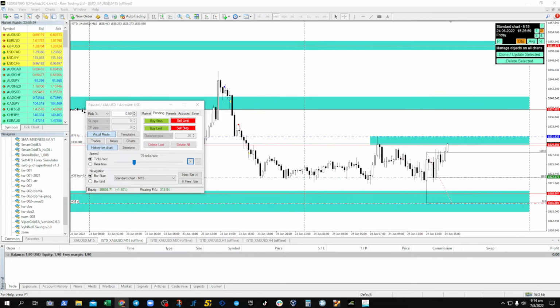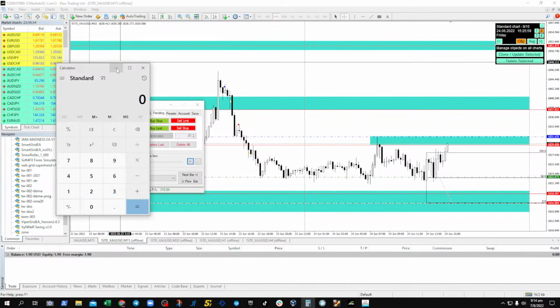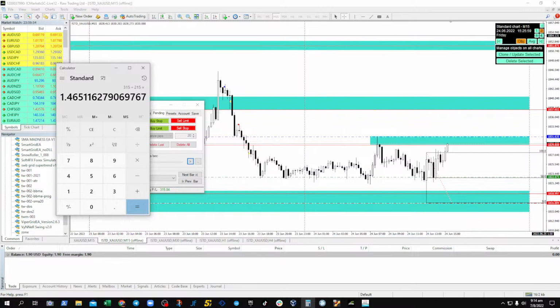Nope, this is not 30 pips. This was like 60 pips. We're following structure. I could have used 30 pips and have a very good profit. I think it's like 315 divided by 215, 1.46.